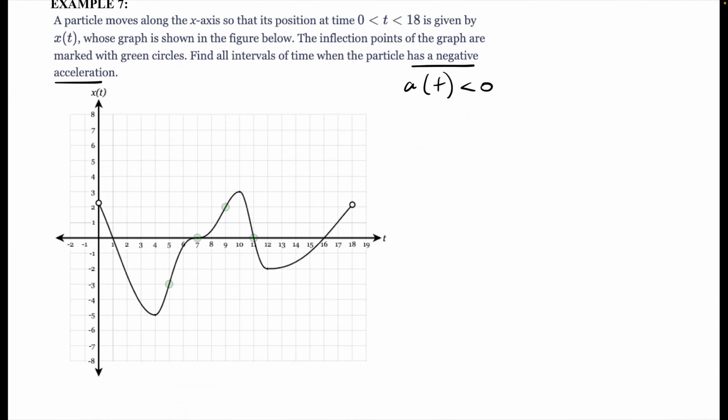So we're looking for concavity. Concave up, concave down. So I'm going to color code this just like I did the last ones. Okay, so blue will be concave up. Orange will be concave down.